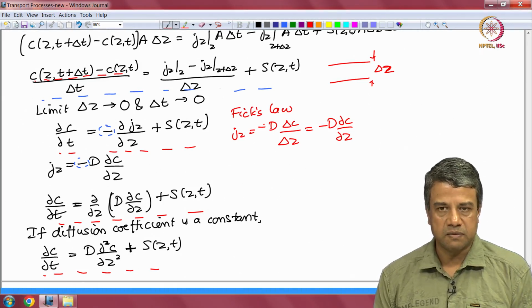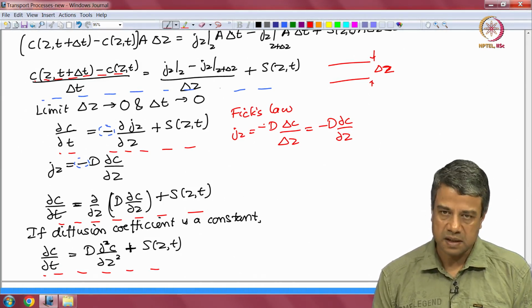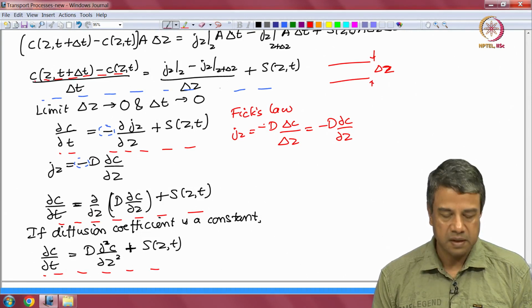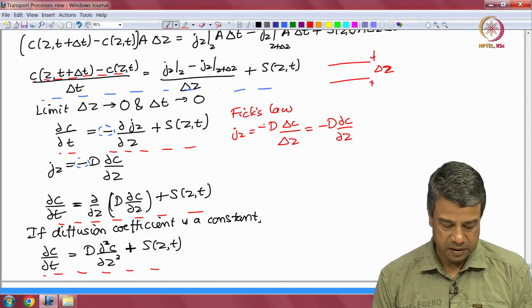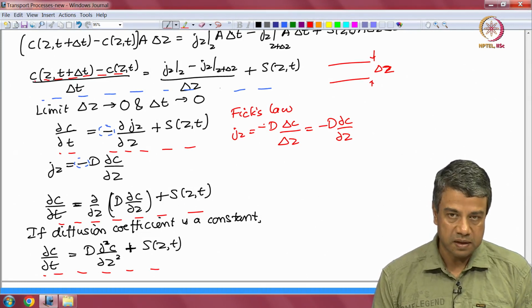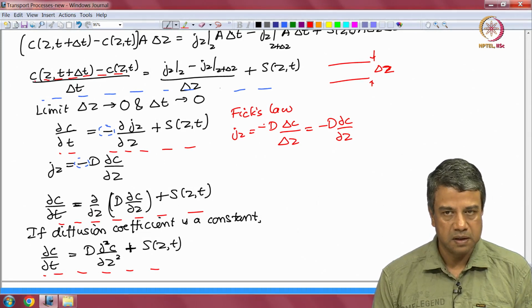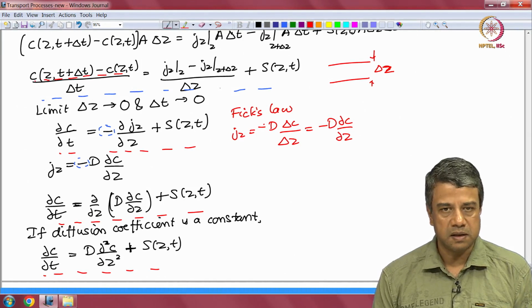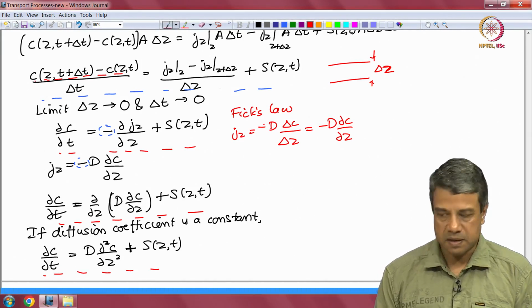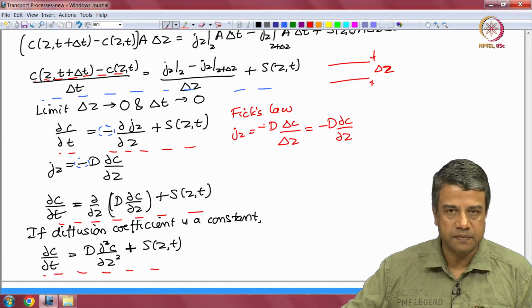It has a second order derivative with respect to z, and one first order derivative with respect to time, and it has the source term. So, this would require in general two boundary conditions in the z coordinate and one initial condition in time in order to be able to solve this equation. So, that is the mass conservation equation that we had seen in the previous lecture.